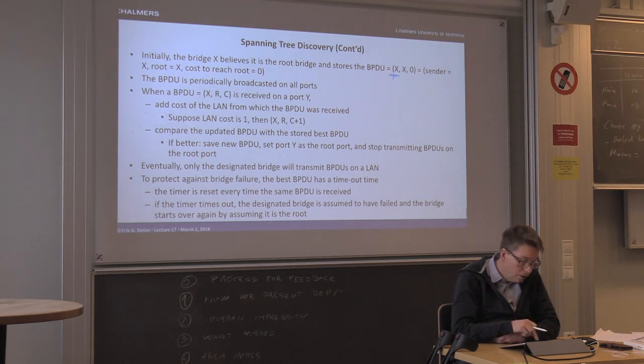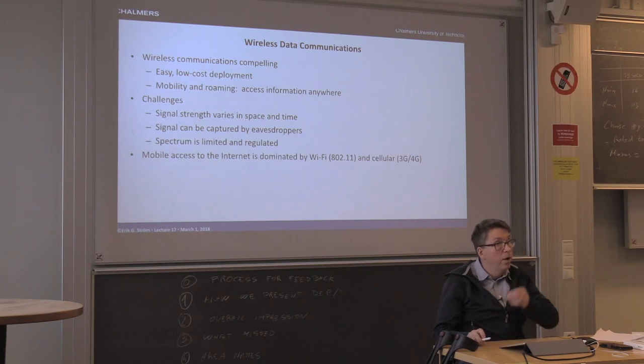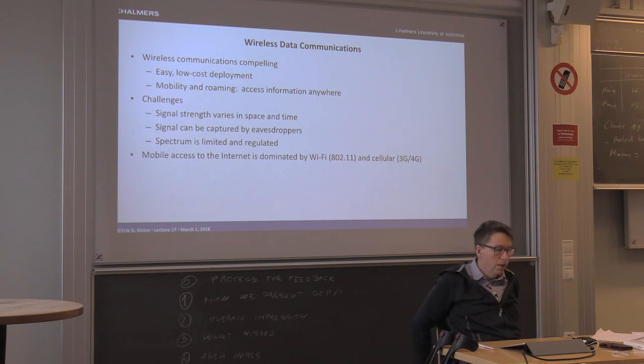Okay, so let's continue then, if there are no questions or comments so far, and talk a little bit about Wi-Fi and wireless. So why do we want to do wireless? Well, it's quite easy. We would like to move around, and then it's inconvenient to have cables. So in some cases there is no choice.